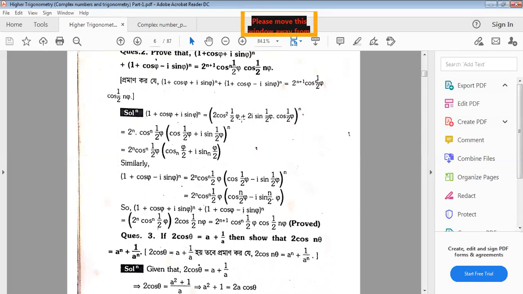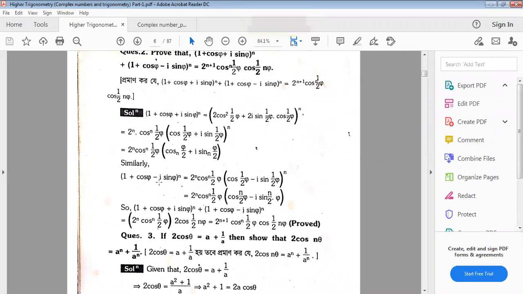Then taking 2 to the power n cos n phi by 2 common, inside the bracket we have cos phi by 2 plus I sin phi by 2 whole to the power n. This can be written by de Moivre's theorem. This is the application of de Moivre's theorem. Just multiplying the power, we get n phi by 2 plus I sin n phi by 2.